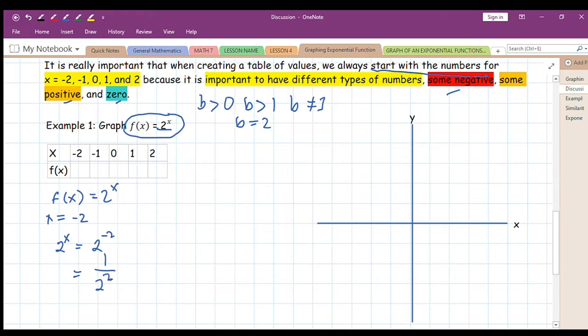So we have 1 over 2 raised to 2 and our answer will be 1 over 4, because 2 raised to 2 is equal to 2 times 2. That is 1 over 4, or convert it into decimal form for us to have it easy for graphing. So we have 1/4, it will become 0.25. So our value here is 0.25.